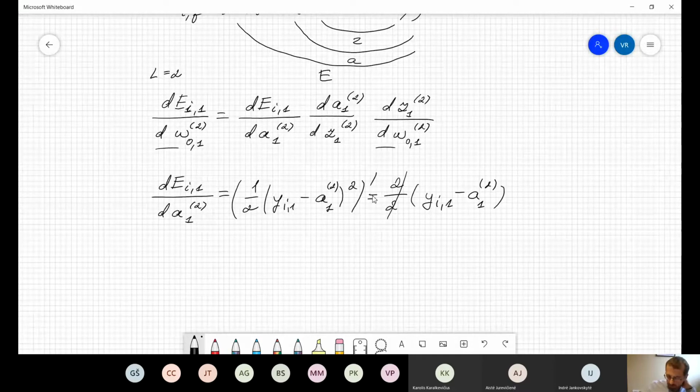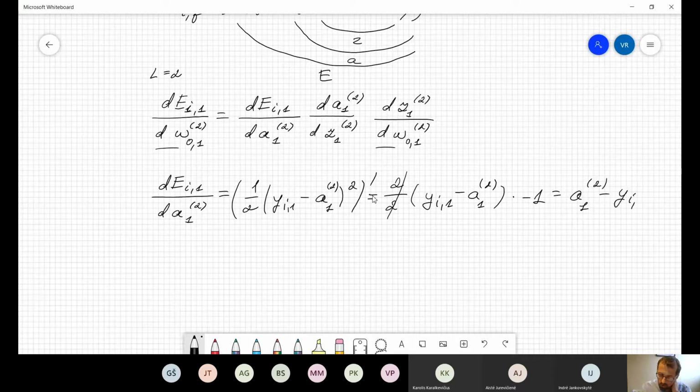And since we are deriving, this is our variable, it becomes times minus 1. So we can change these guys' places: a21 minus y1. This is the derivative for the first part. We just found it: the difference between the output from a neuron and the actual value from the data set.